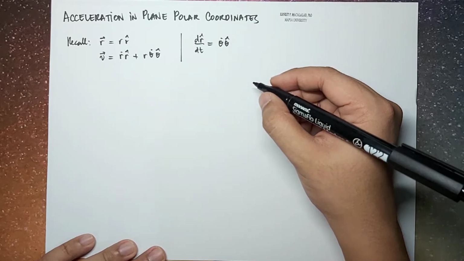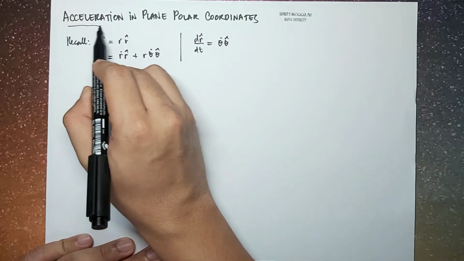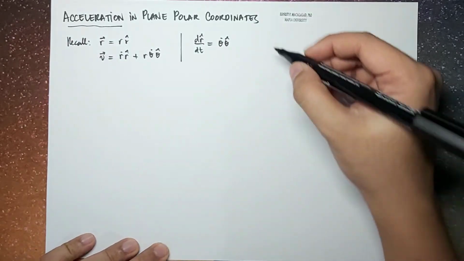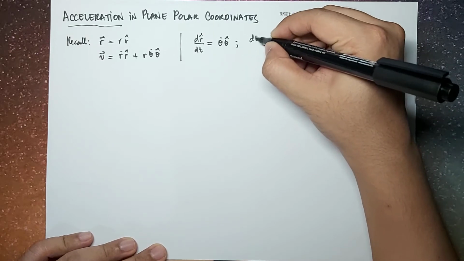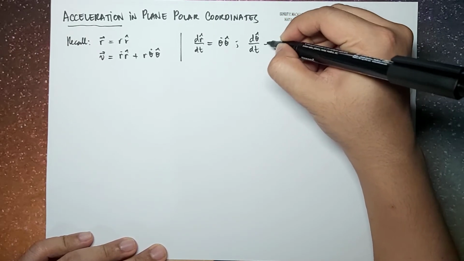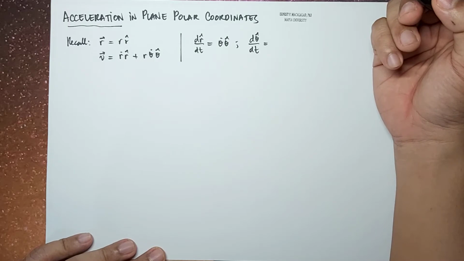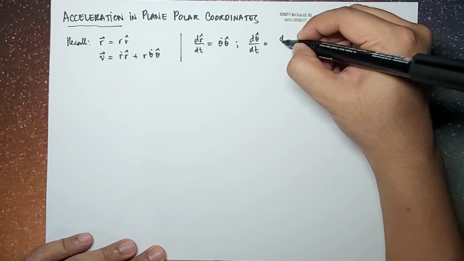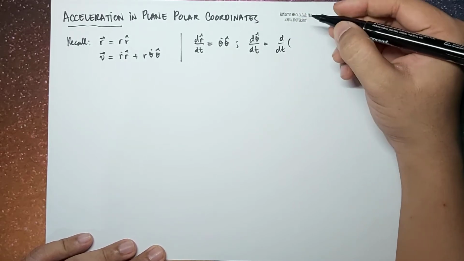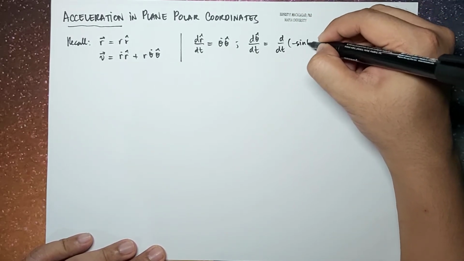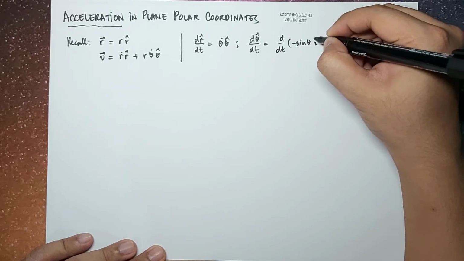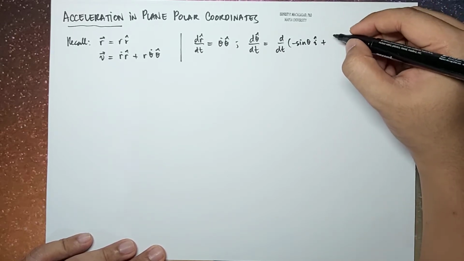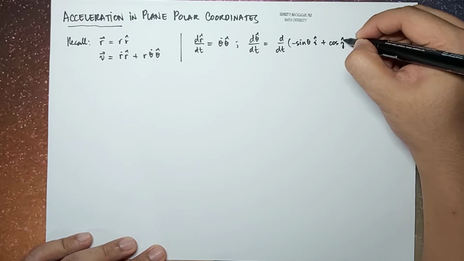Now before we talk about acceleration, let's first talk about how theta hat changes with time. So we know that theta hat is equal to negative sine theta i hat plus cosine theta j hat.